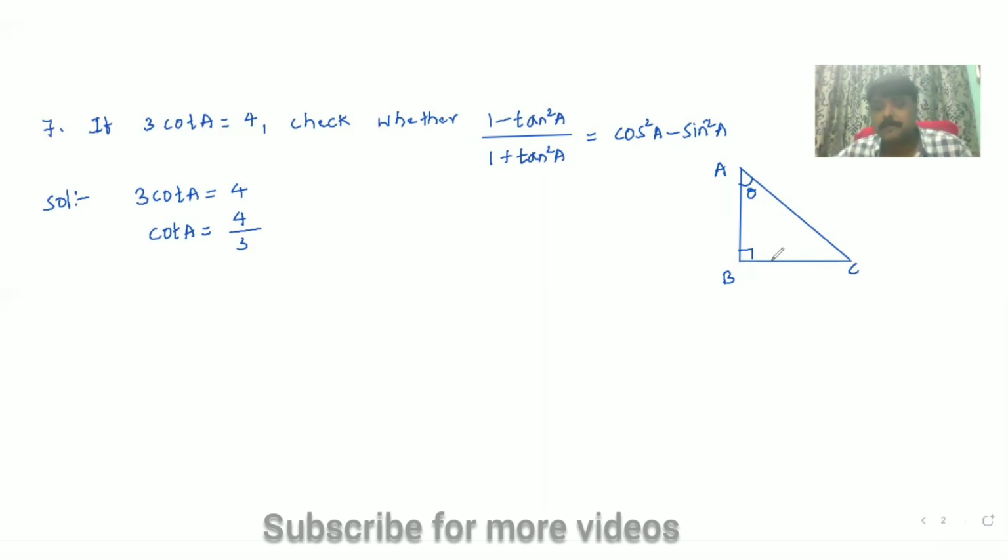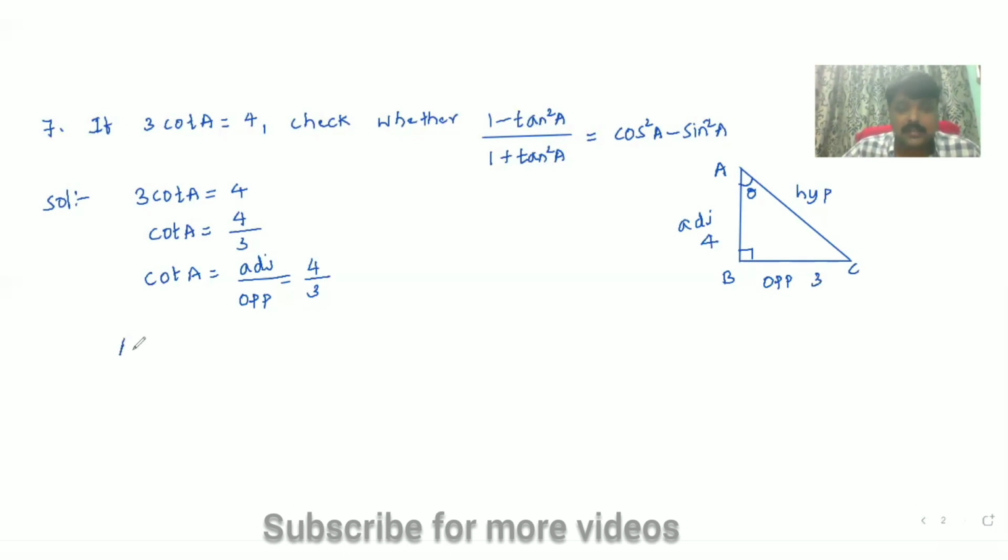For this theta, this is the hypotenuse, this becomes the side opposite to theta, and this becomes the side adjacent to theta. Now, cot theta or cot A, anyway he has given it as A, cot A equals adjacent by opposite, which is given as 4 by 3. Adjacent is 4, opposite is 3.